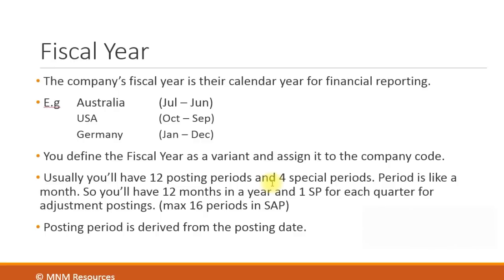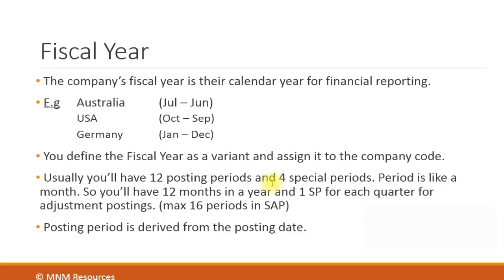In USA, the fiscal year is from October to September. But in Germany, the fiscal year is the same as a standard calendar year, which is from January to December. So you can define the fiscal year as a variant depending on your country's requirements or your company code's reporting requirements.